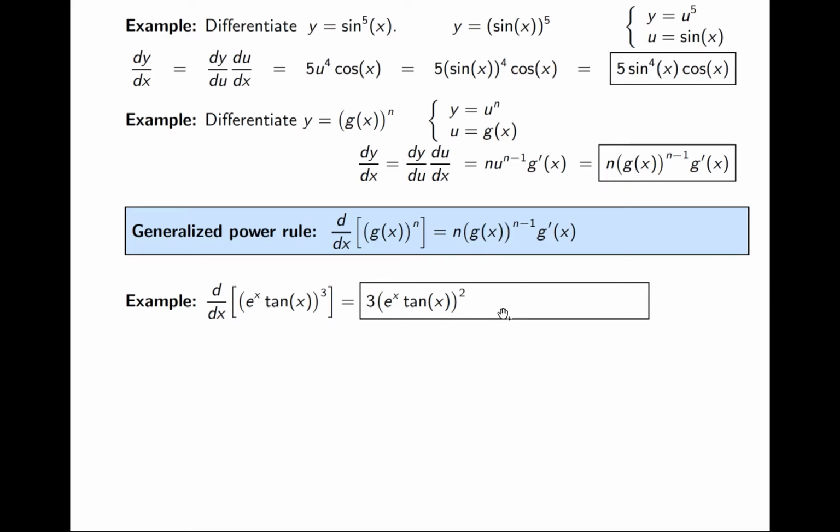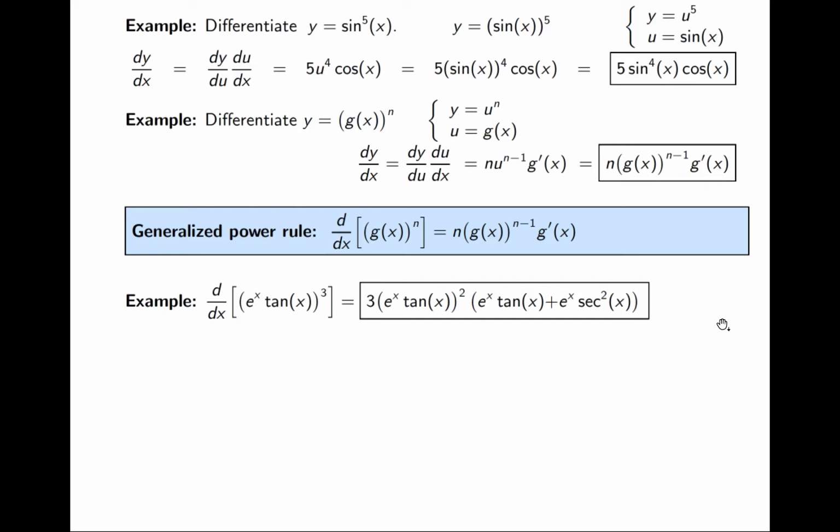Now here, g is e to the x tangent x. That's a product. So g prime of x, we're going to have to get that with the product rule. And using the product rule, we take the derivative of the first function, which is e to the x, times the second function, tangent x, plus the first function, e to the x, times the derivative of the second function, secant squared x.